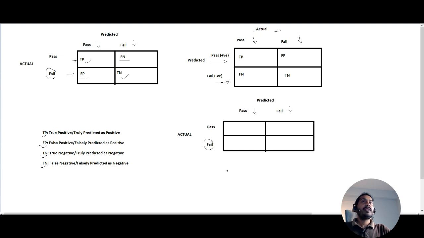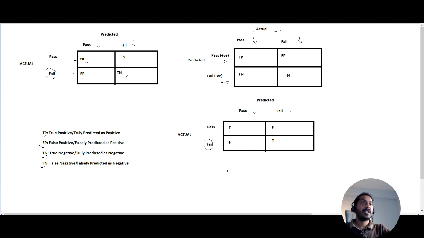Okay, so whenever both coordinates match as pass, you can just write true. Fail and fail, this coordinate we can mark as true. Wherever we have pass and fail, make it false. Second also fail and pass, that is false, and thereafter we'll go for the prediction.